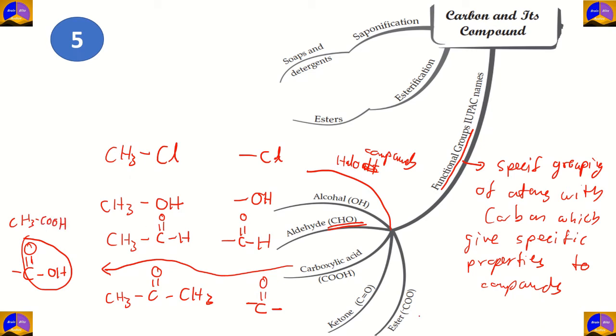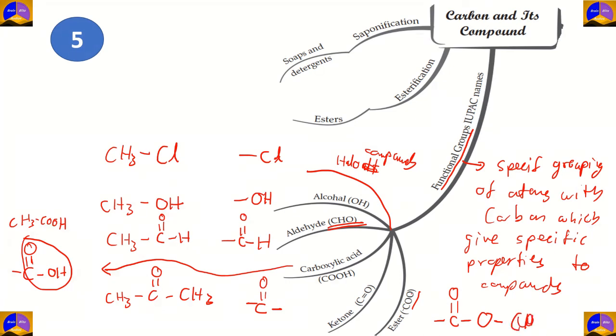And then finally you have esters. Now what are esters? Esters are sweet smelling compounds which contain the COO group. Essentially you have a carbon which is bonded to an R group, that's a carbon compound, and it undergoes double bond with oxygen, and also a single bond with oxygen, which in order to satisfy its valency undergoes a covalent bond with another carbon group.